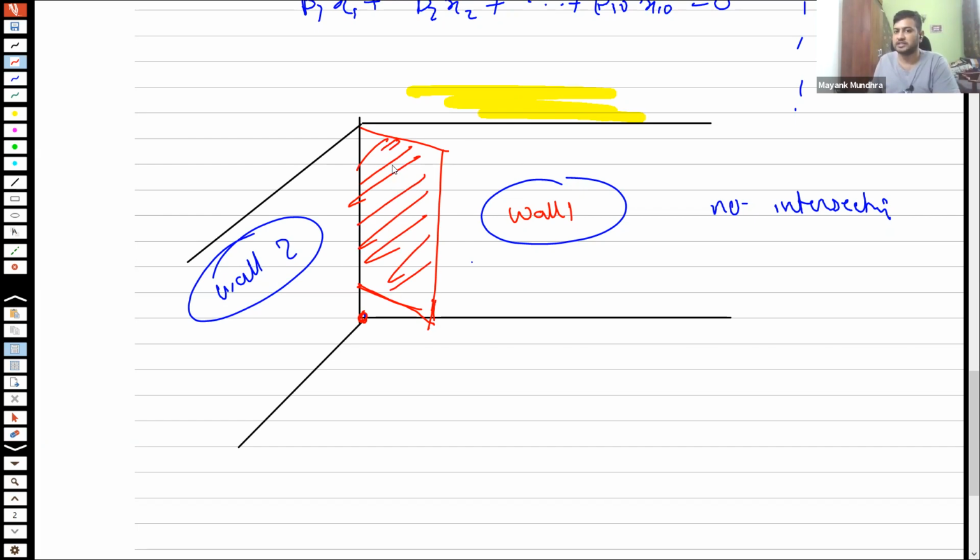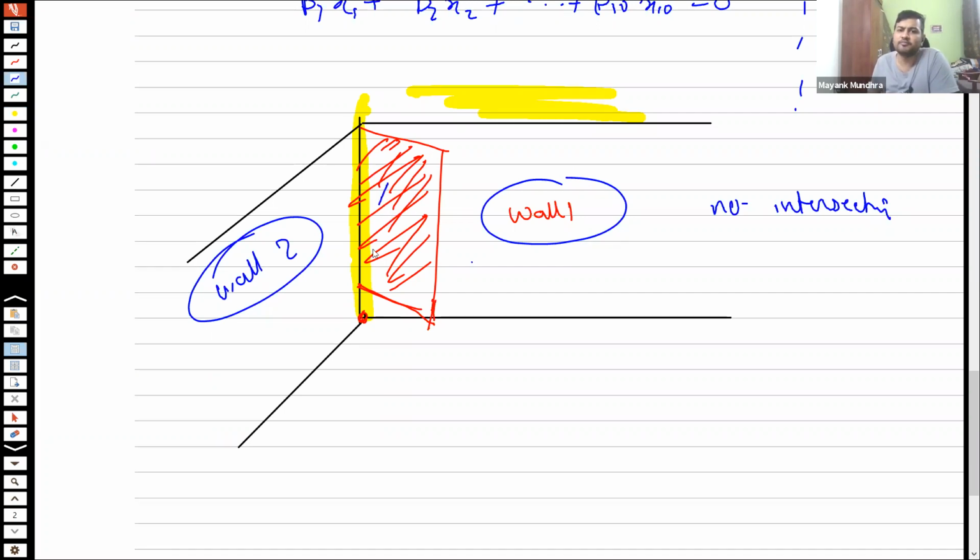These three planes, this plane and the two walls, will have this entire perpendicular line as the set of intersection points, right? If you imagine an open book, all the pages of the book are hinged to one axis. So the entire axis of the book becomes the set of intersection points of these planes, right?